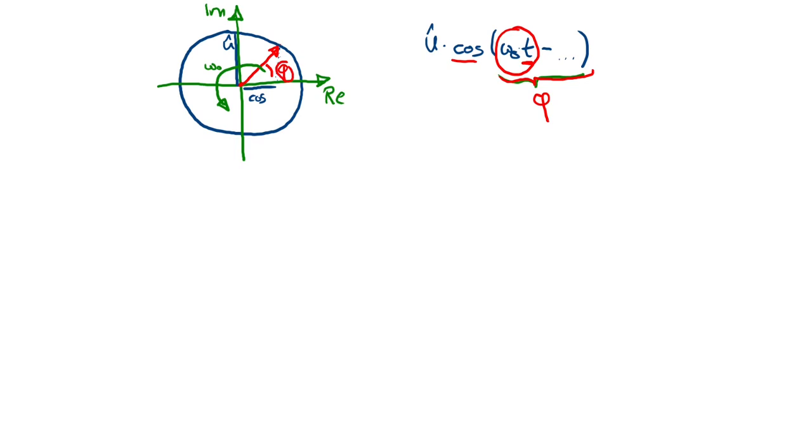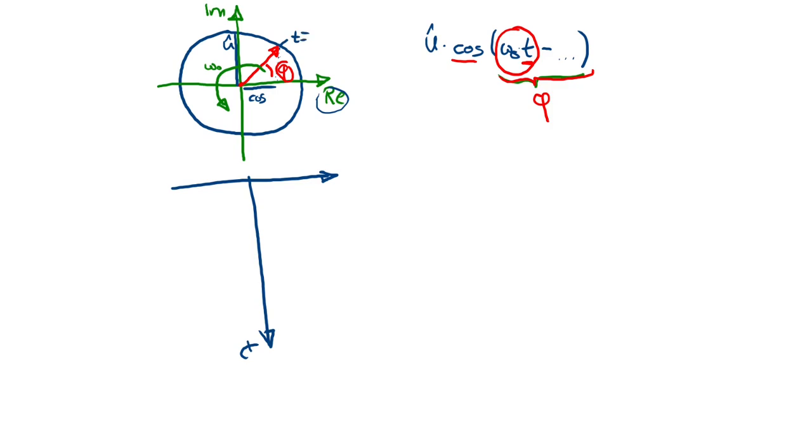And how do we finally get to our cosine oscillation? As I told you, the cosine is the projection of the arrow on the real axis. So let's consider how the projection changes over time. Let's say that the pointer starts here.